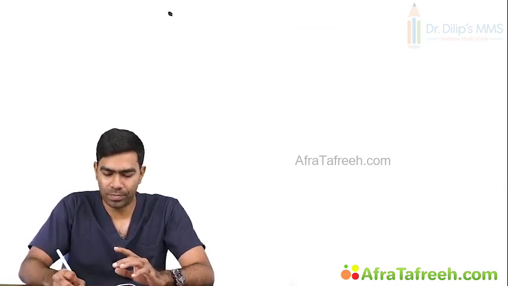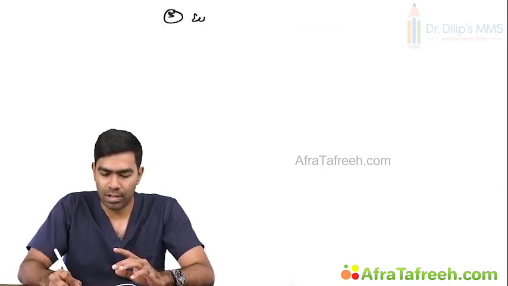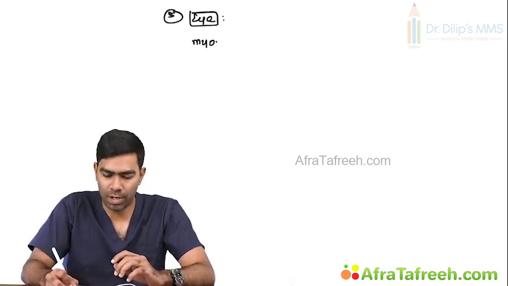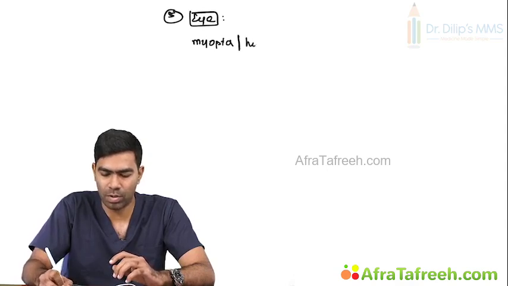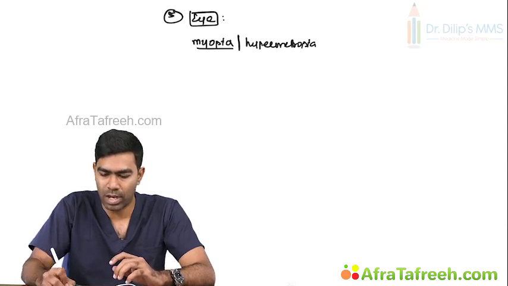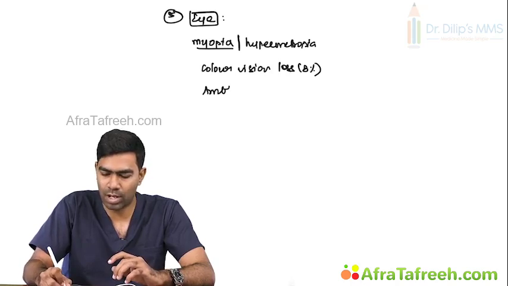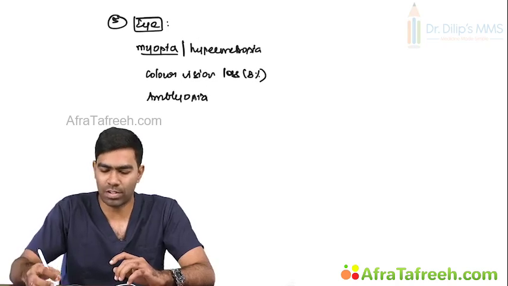And then we have ophthalmologic involvement, eye involvement, where these patients may develop myopia and hypermetropia. Myopia is quite common compared to hypermetropia, and you can get color vision loss in approximately 8% of individuals, and they can even develop amblyopia. Those are functional eye issues.